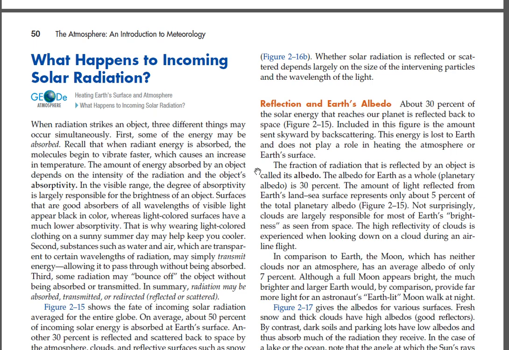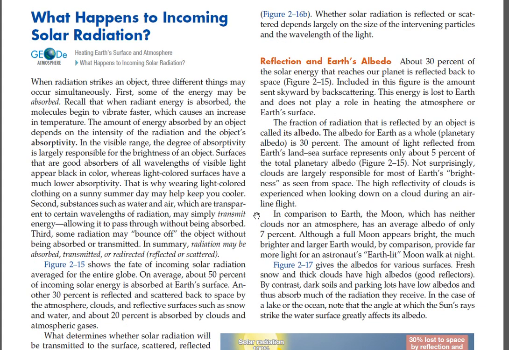The amount of light reflected from Earth's land-sea surface represents only about 5% of the total planetary albedo, Figure 2.15. Not surprisingly, clouds are largely responsible for most of Earth's brightness as seen from space. The high reflectivity of clouds is experienced when looking down on a cloud during an airline flight.